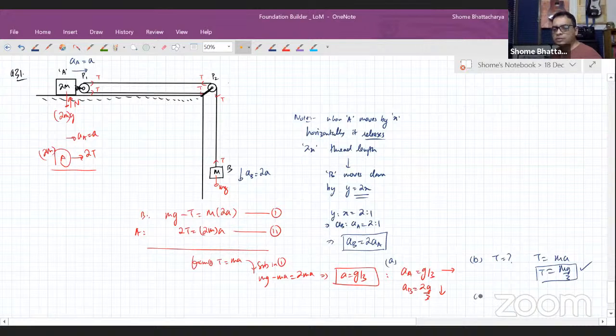Now third part, we have to find the reaction force by the clamp. We have to find the force exerted by the clamp on the pulley P2.